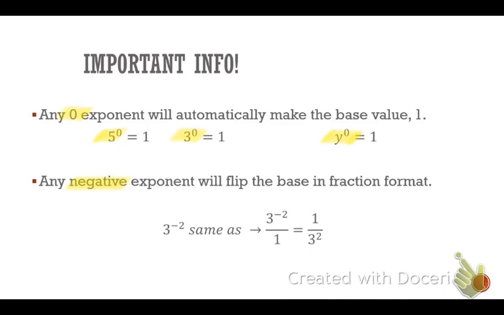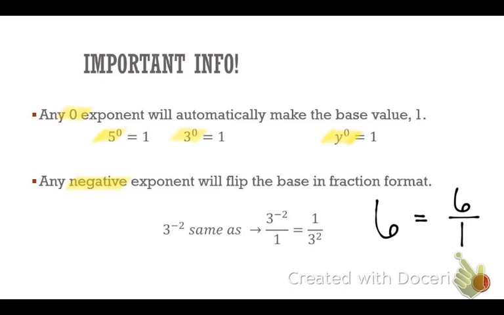Now, next rule. Any negative exponent will flip the base in fraction format. All right, so here's what I want you to see. Before we even do that, let's take the number 6. Does everybody agree that 6 can be written 6 over 1? Everybody agree?